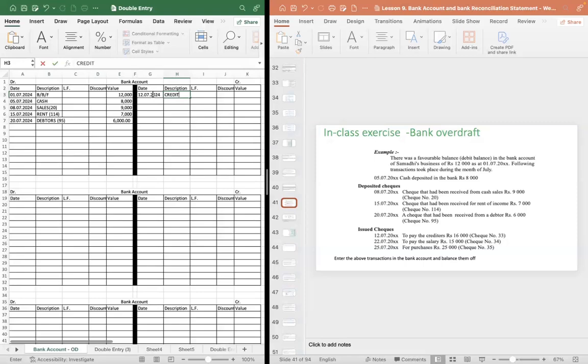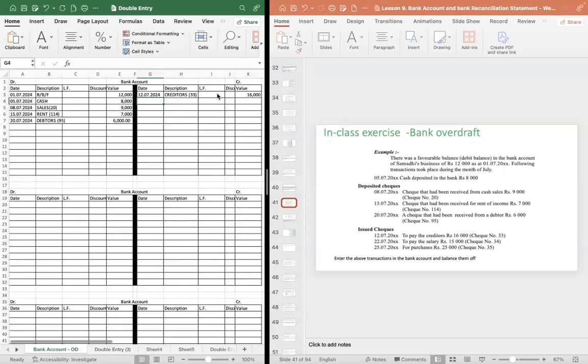We record it as creditors, the account that we debit, check number 33, 16,000.